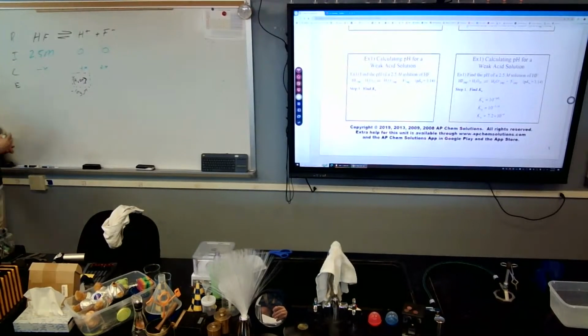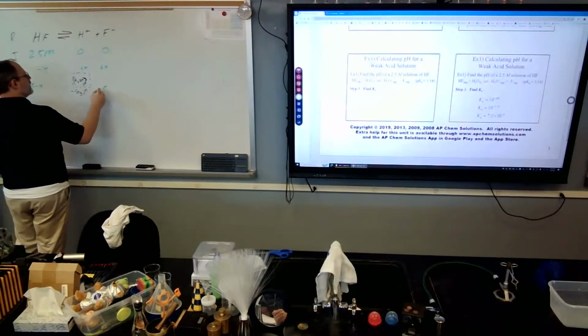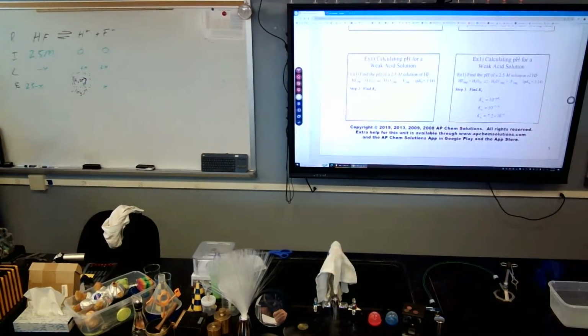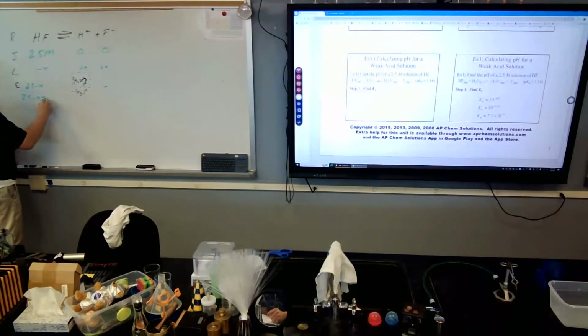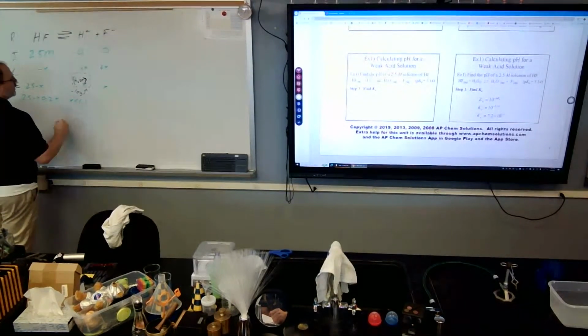Once again, the equilibrium is going to be this and this put together: 2.5 minus x, x, and x. And this is where we say, because we don't want to do the quadratic, that 2.5 minus x is basically 2.5, because the x change is going to be much less than 1.